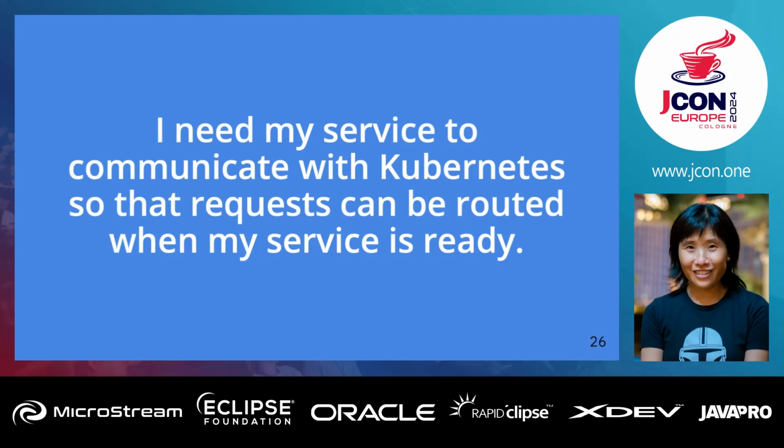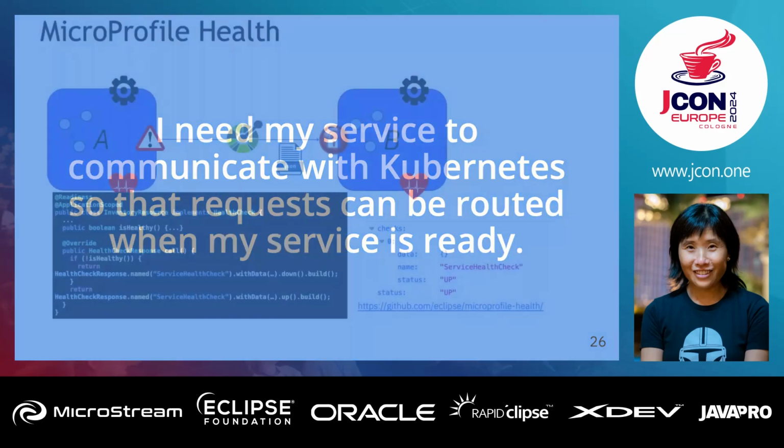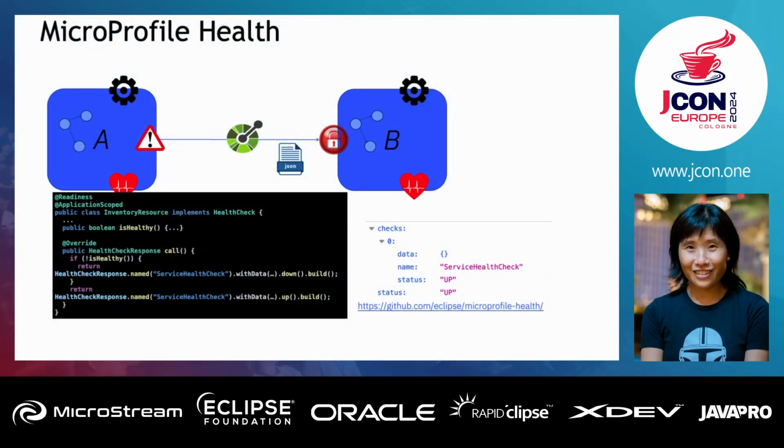MicroProfile exposes all these endpoints for you to directly connect with Kubernetes liveness probe and readiness probe, etc. So this is the whole MicroProfile Health. As you can see here, endpoints will be exposed: /health/ready for the readiness check, or /health/live for the liveness check. So this is the response here.